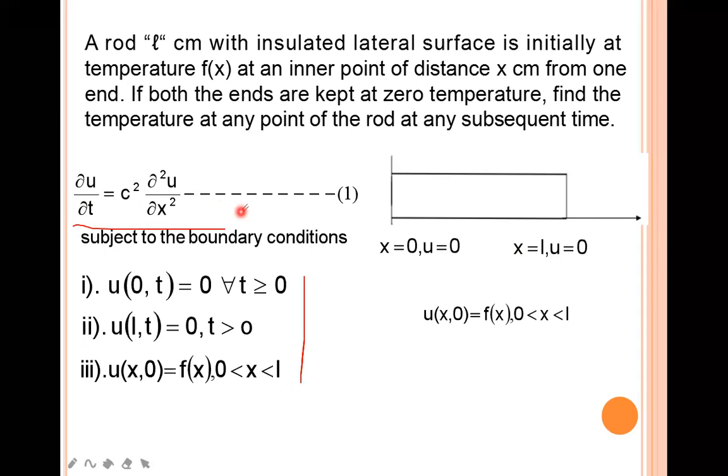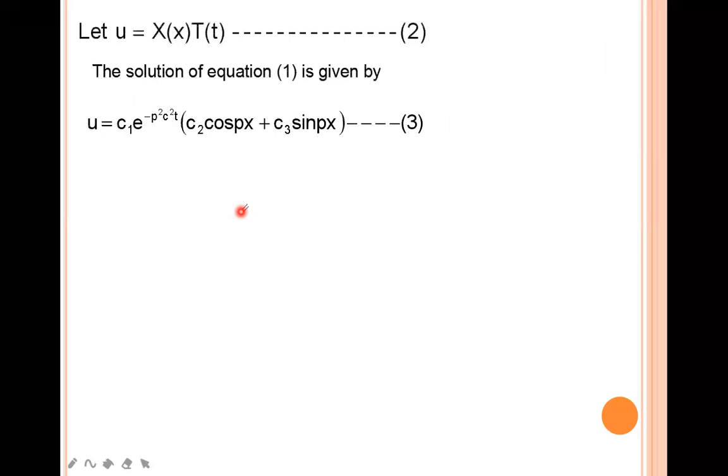For this, we use the most suitable solution u equal to c1 e raised to minus p square c square t into (c2 cos px plus c3 sin px). In this, substitute the first condition, that is u equal to 0 when x equal to 0. So put u equal to 0 and x equal to 0, where sin 0 is 0 and cos 0 is 1.